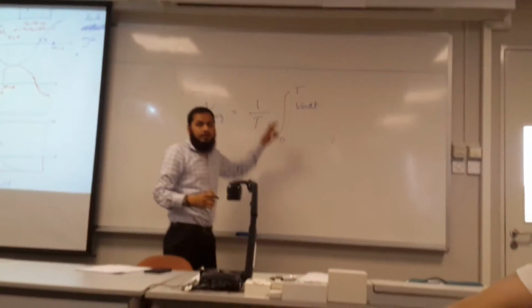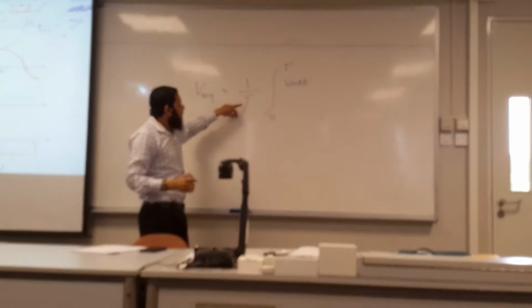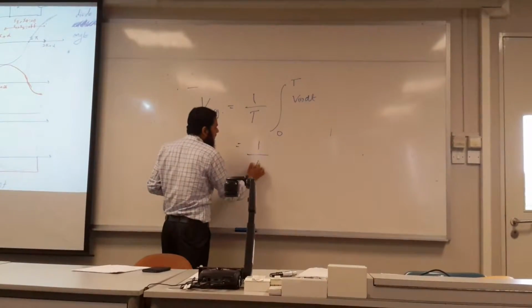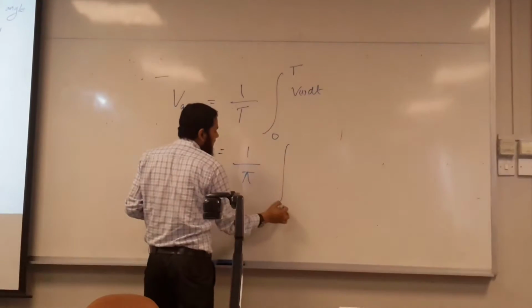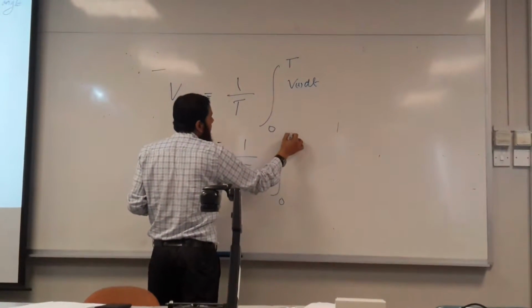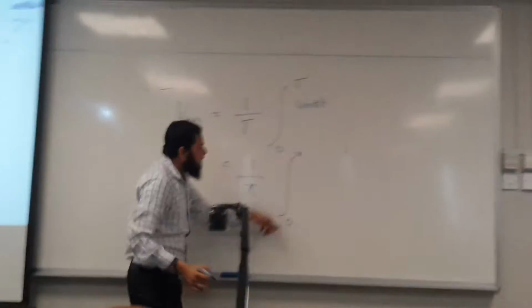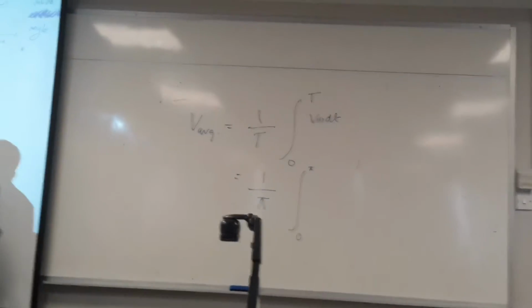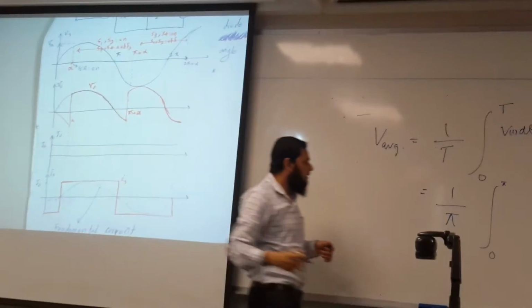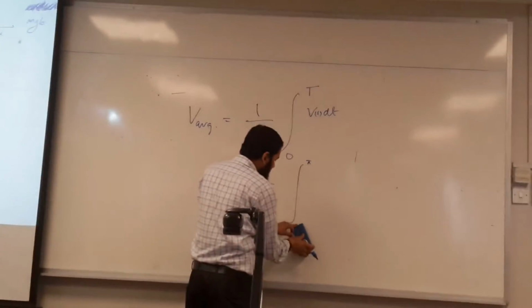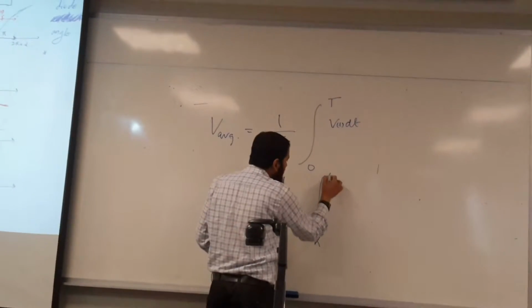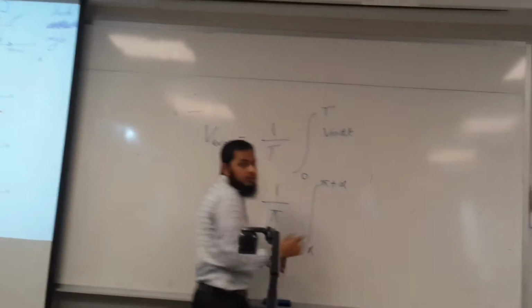So what is T here? 1 upon pi, 0 to pi. This 0 to pi can be changed to alpha to pi plus alpha.